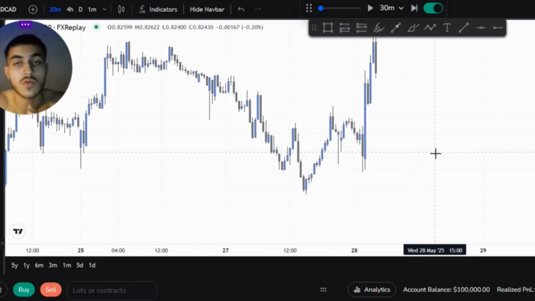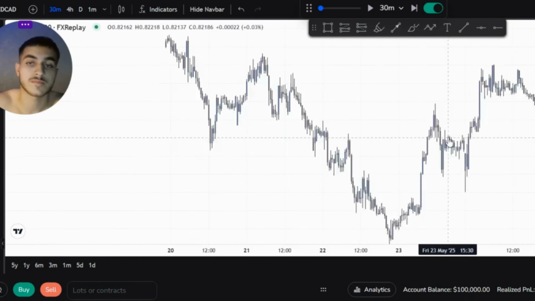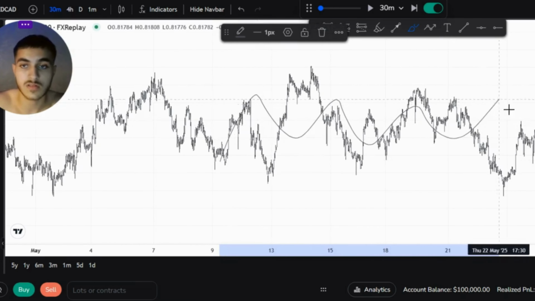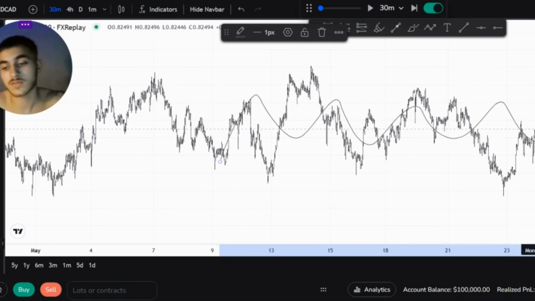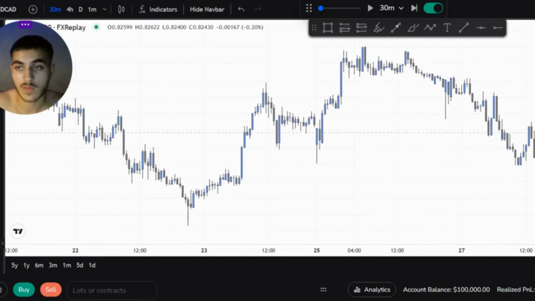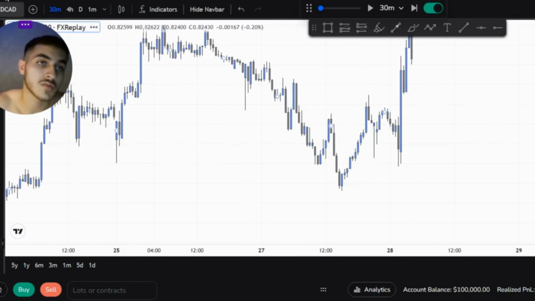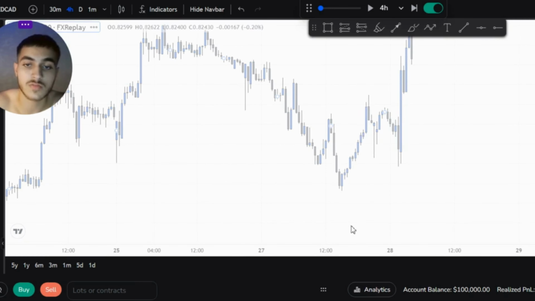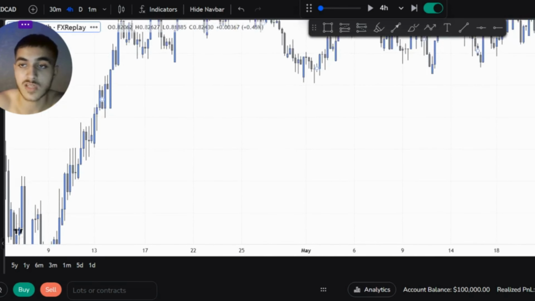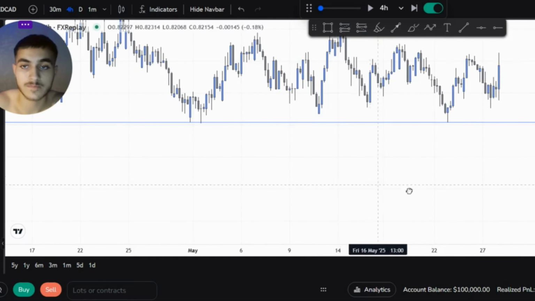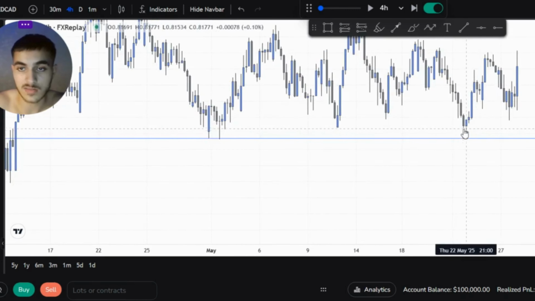Okay, so guys, in this pair we can't determine the trend because here we have the consolidation and we don't know which trend it is, and because of that we go to the 4-hour time frame and draw support and resistance levels at the end of the low. Okay, this is our last low.